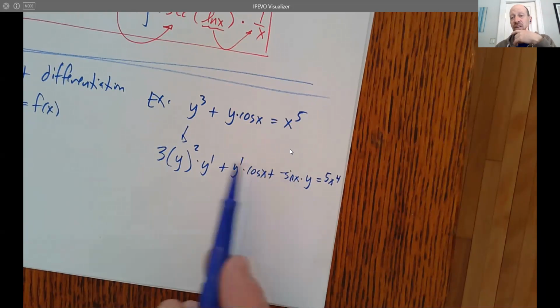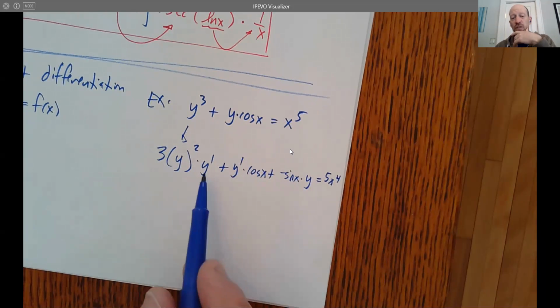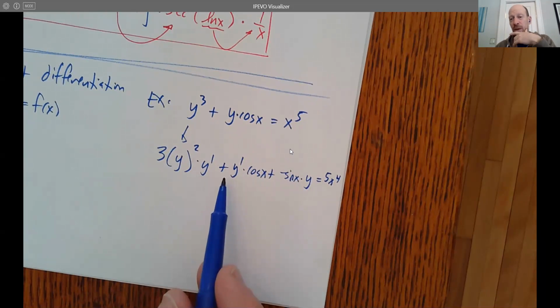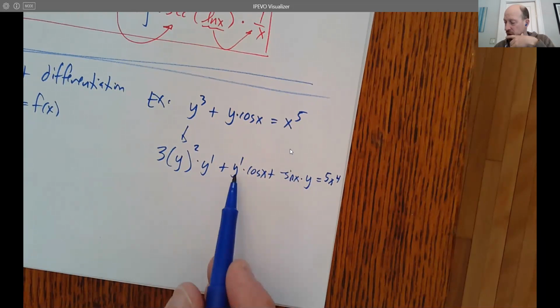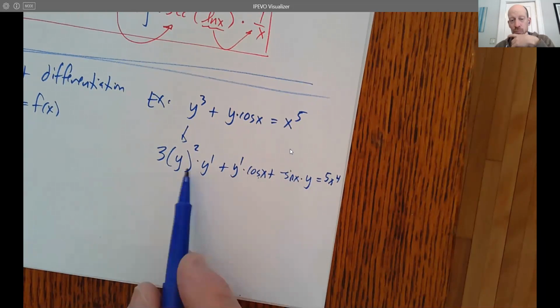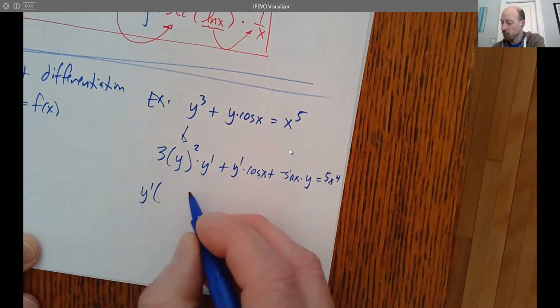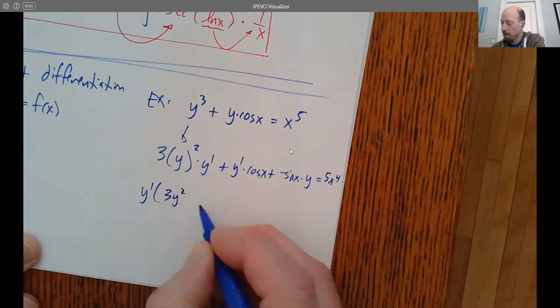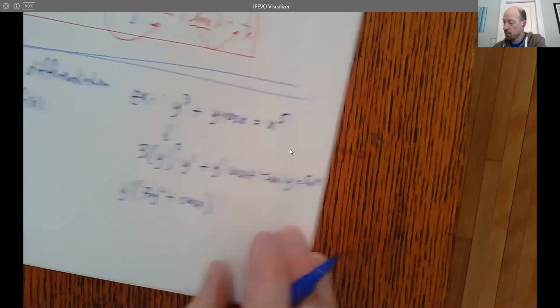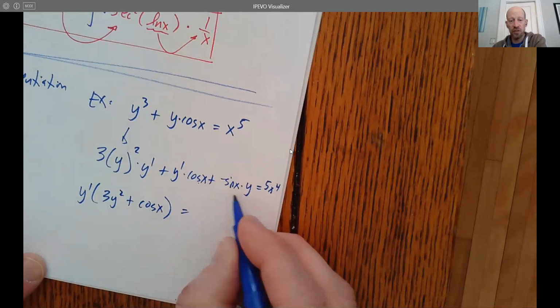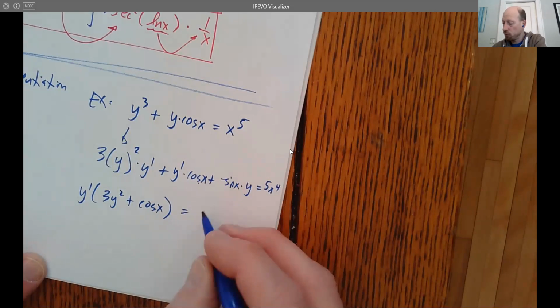And this then gives us an equation involving y prime, which is what I want to discover. That's my goal, to find the derivative. So here there are two terms that have a y prime, so I can factor the y prime out of those terms. And I'm going to move this term that doesn't have a y prime over to the other side.